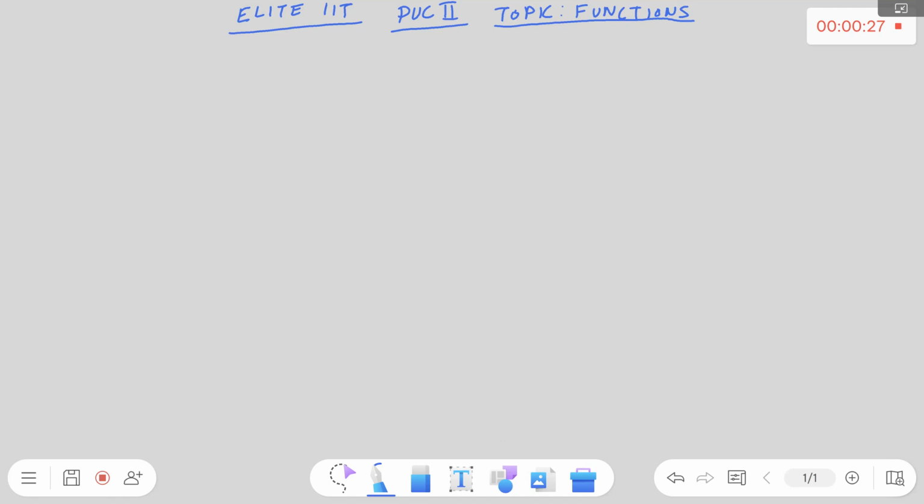What is the definition of function? We know a relation is a subset of the Cartesian product, A cross B, A into B. Right? What is the function? A function is also a subset of the Cartesian product.